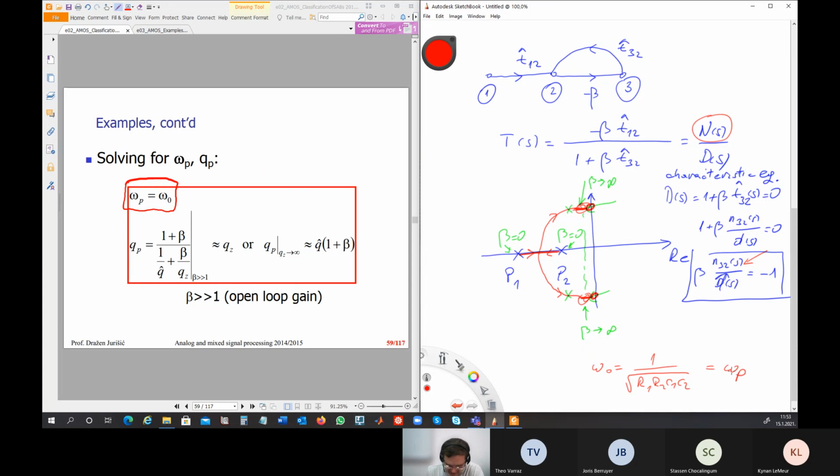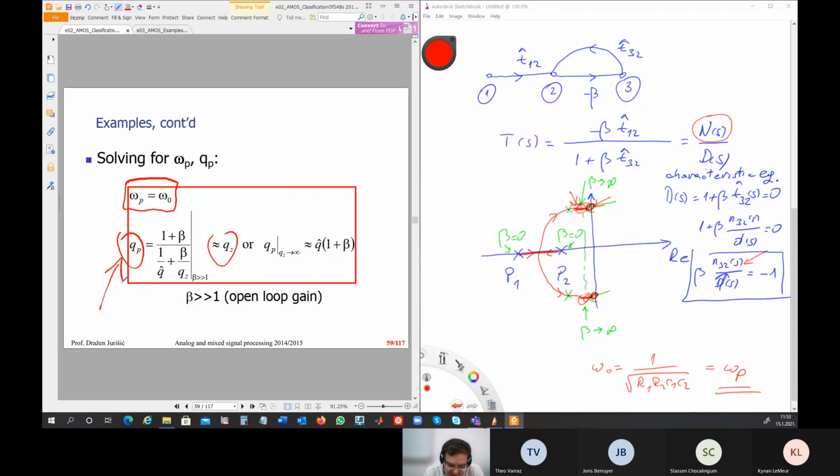It doesn't depend on the gain beta. This is something we want. And what is QP? QP is equal to QZ, and this is the position of those two. If they are closer to the j omega axis, like here, then we can obtain large QP, which is of course larger than 1/2.